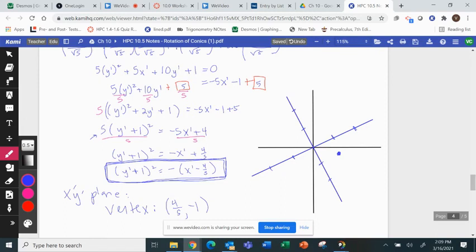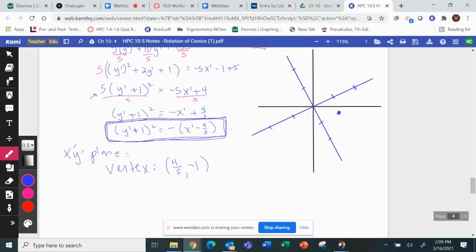Which direction would this parabola open? Left, because of the y squared. We could find more information. P would be negative 1/4. So if we're going to the left, I'll add that negative 1/4 to my 4/5.